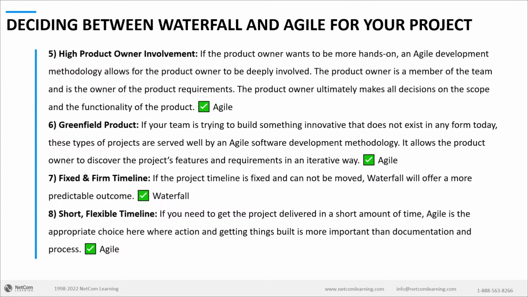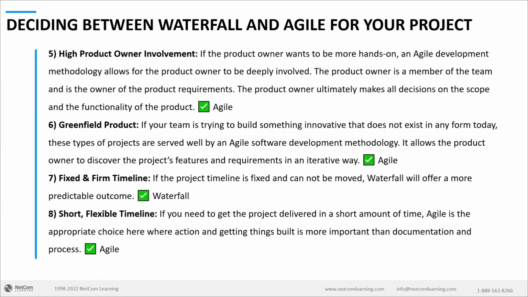High product owner involvement or high customer involvement, it's better you use agile, because then you're going to have that condition where the product owner has to be in an always available mode.